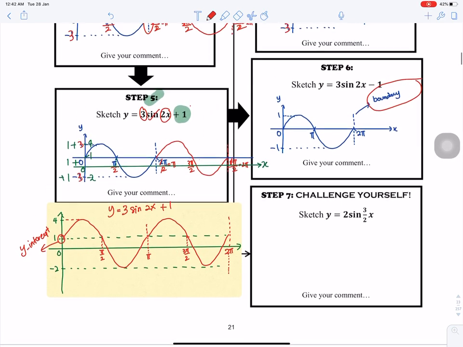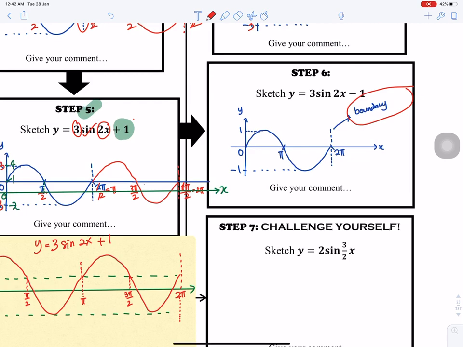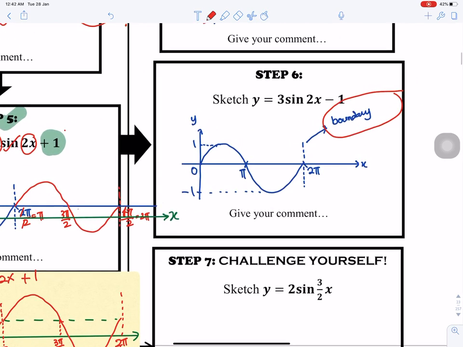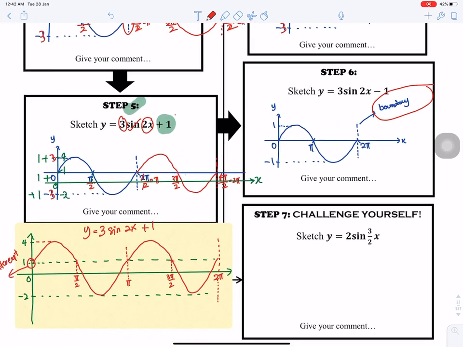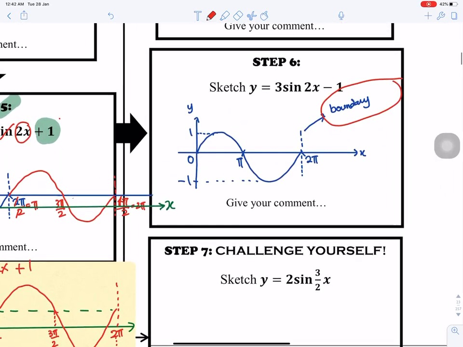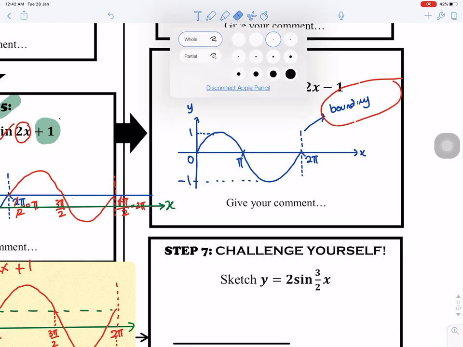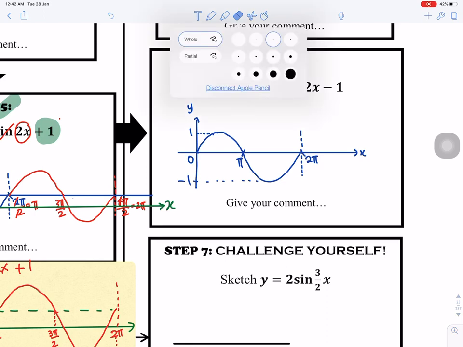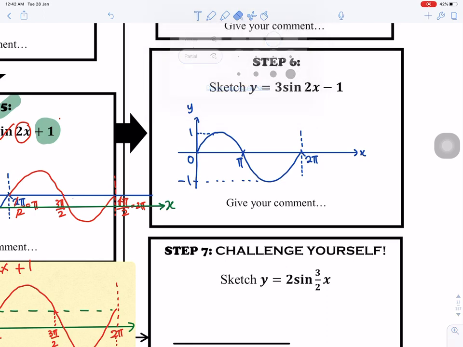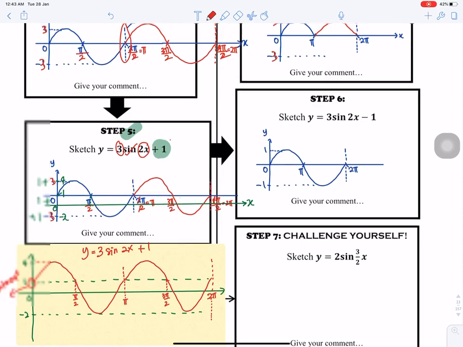Okay, so now step 6. How about y equals 3 sine 2x minus 1? Minus 1 means all the graph is turned down, going down.